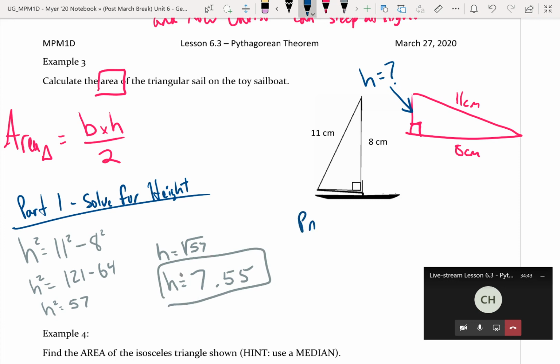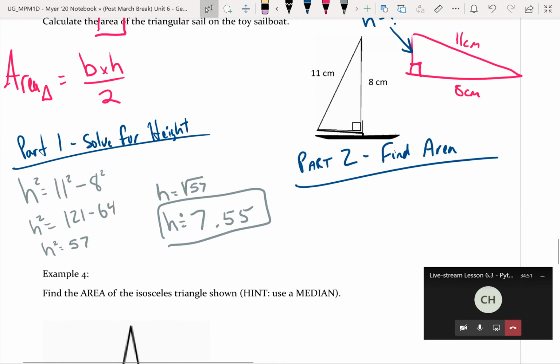So part 2 is find the area. Since we already said area is equal to base times height divided by 2, let's put those values in. So base was 8 centimeters times 7.55 divided by 2.